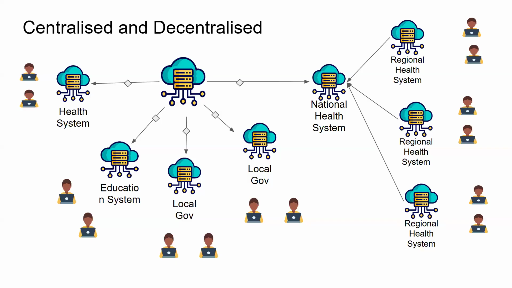We can consider it a centralized system. All the persons living in Sweden have their data recorded in this centralized system. We call it the public population registry, right? Now they have developed another national health system, but in addition they have developed regional health systems, right?